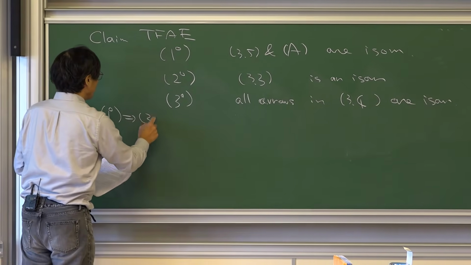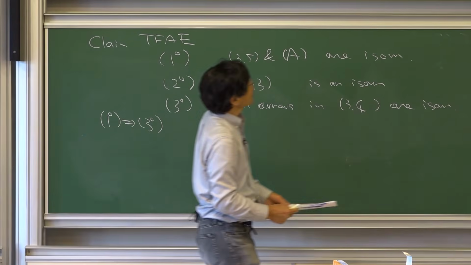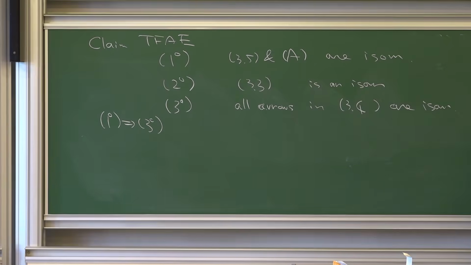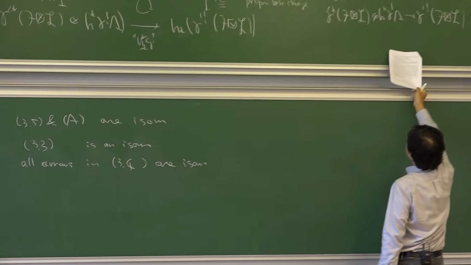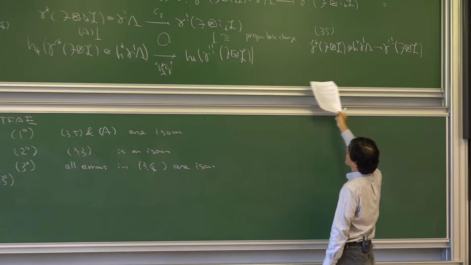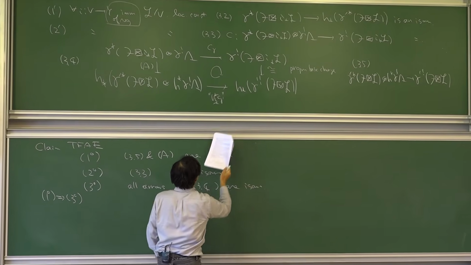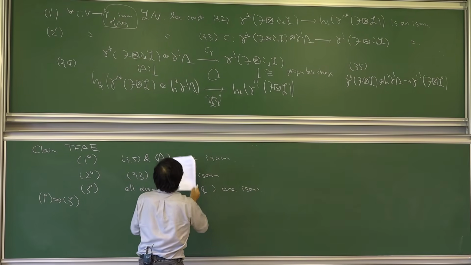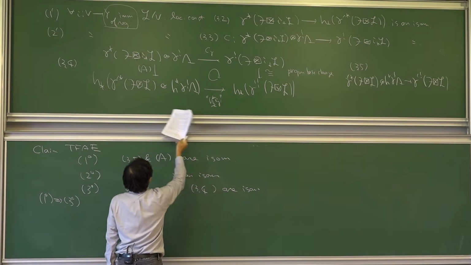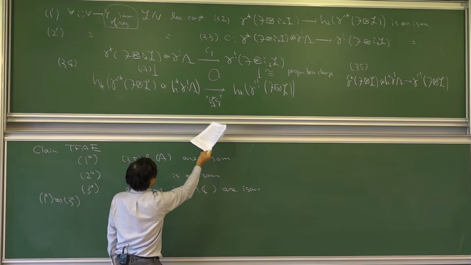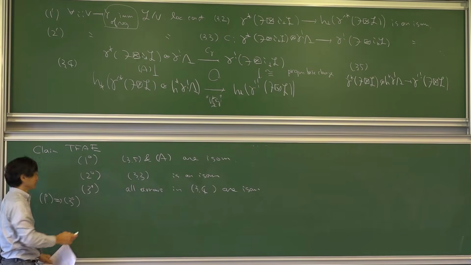Let's prove this. So 3.5 is an isomorphism, because we assume this is an isomorphism before taking H star, so after taking H star, of course we have an isomorphism here. And we also assume that this A is an isomorphism. So yeah, and the diagram is commutative. So this implies 3.